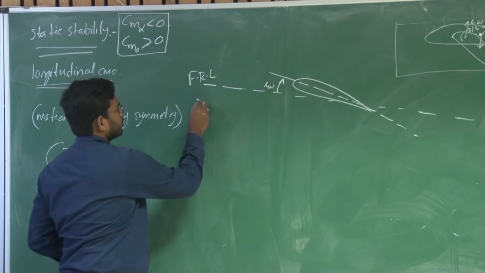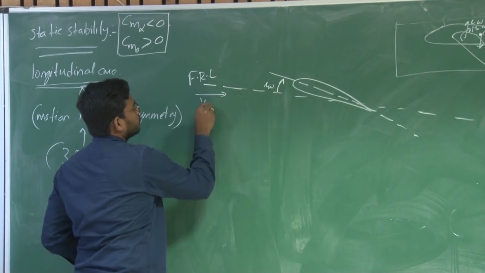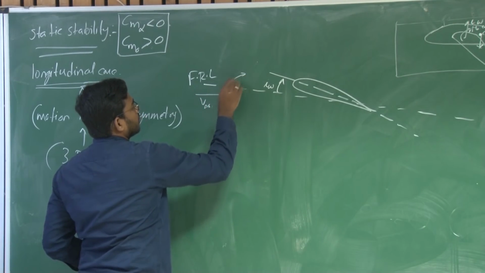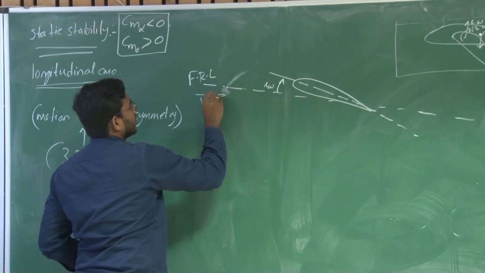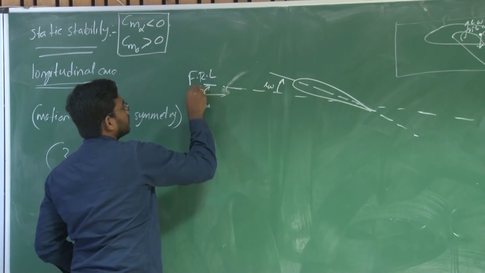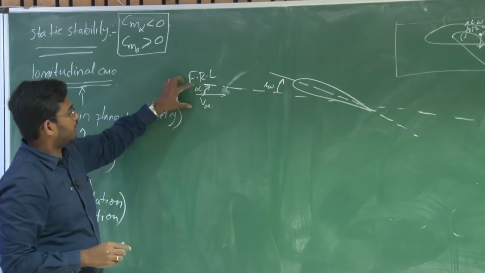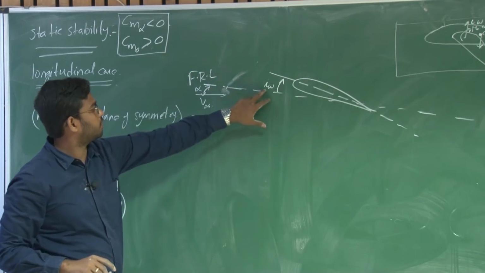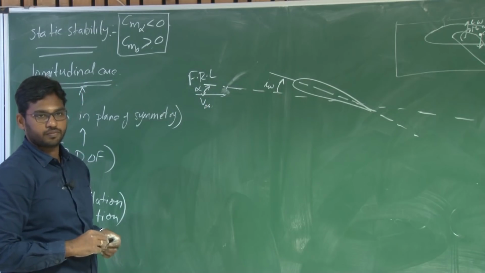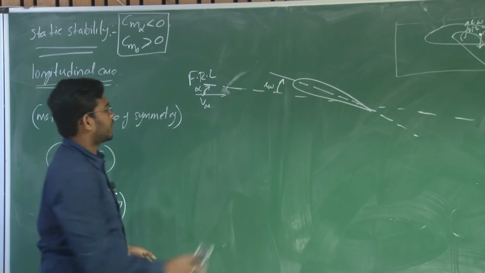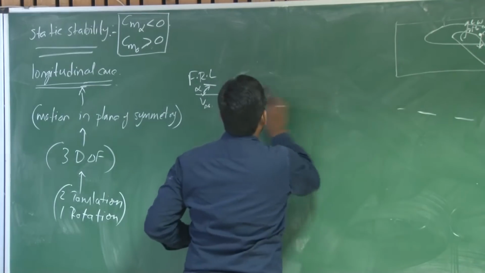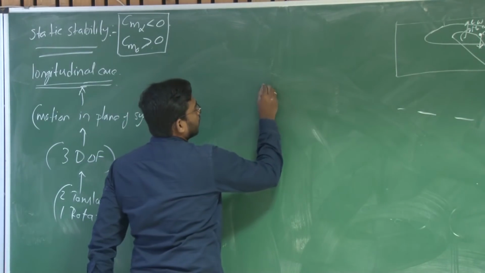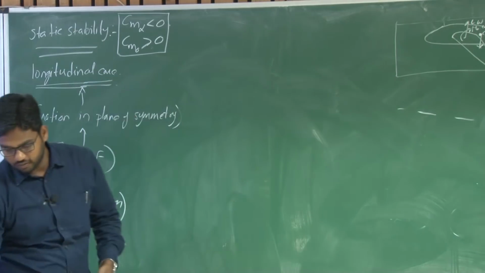Say this is your V infinity, and if I define the angle of attack with respect to the fuselage reference line, this is your alpha with respect to FRL. So the total angle of attack at the wing will be I of W plus alpha. For this case, we assume the FRL and the wing chord are along the same line.